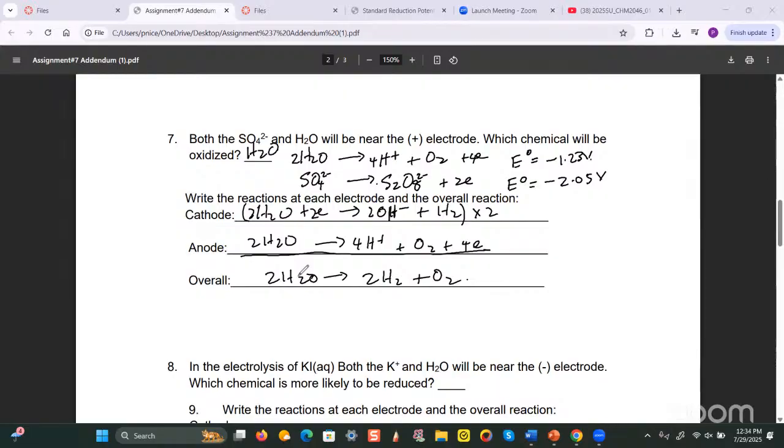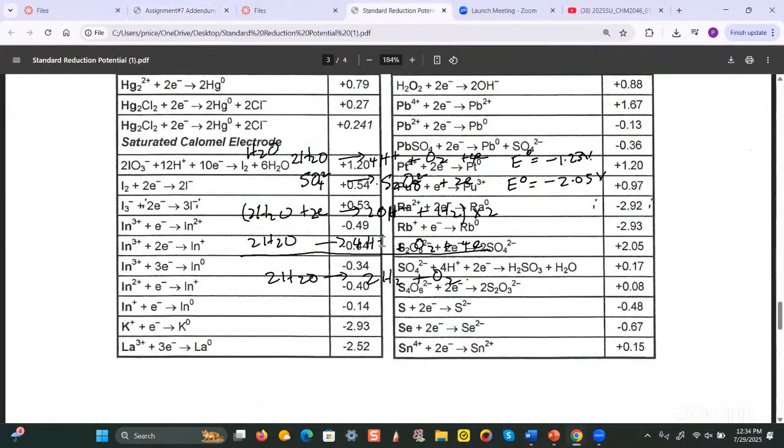When the question says, which chemical will be oxidized, does that mean we're looking for the reverse? Exactly, because all the values that are given in the table are all reduction half reactions and their EMF. So when you're looking for an oxidation reaction that will take place at the anode, you have to look for the reverse in the table, and then for that half reaction, you change the sign.